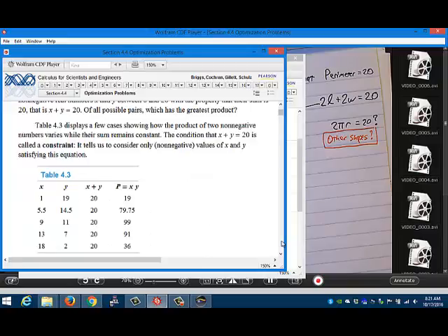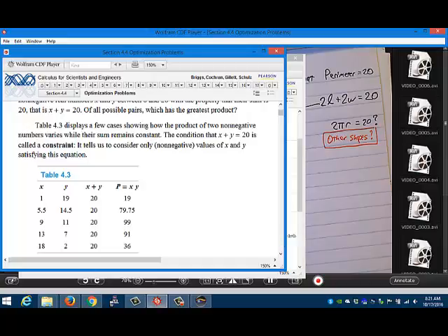Here, yeah. So they try some values for x and y, and then they compute the product. Right? Notice that each one of them has x plus y. Oh, wait a minute. We do have a discrepancy, don't we? They're saying x plus y is equal to 20.